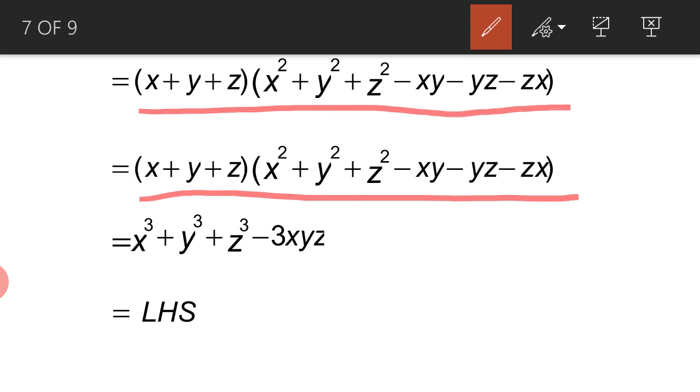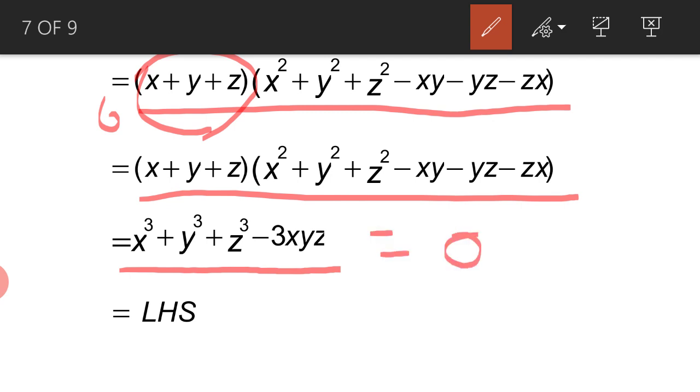Now what are they saying? That this particular bracket x plus y plus z is 0. If 0 is there, what will happen to RHS? RHS will become 0. That means x cube plus y cube plus z cube minus 3xyz will become 0, and hence you will get x cube plus y cube plus z cube is equal to 3xyz.